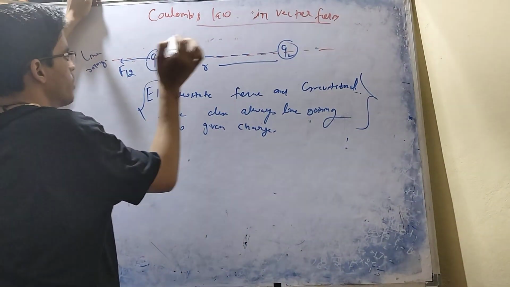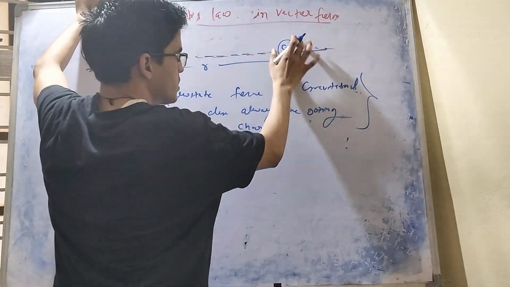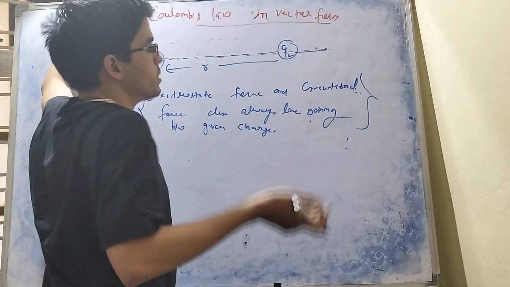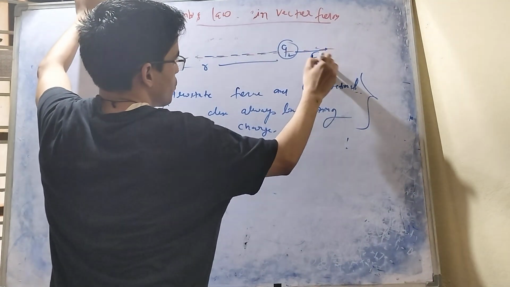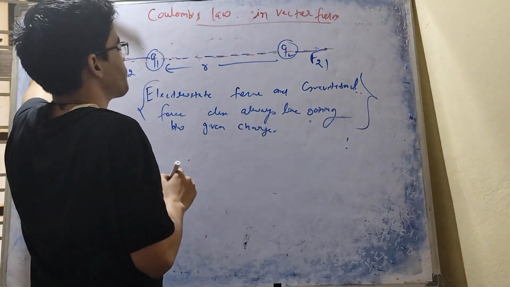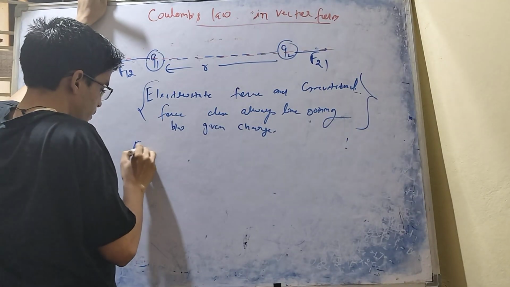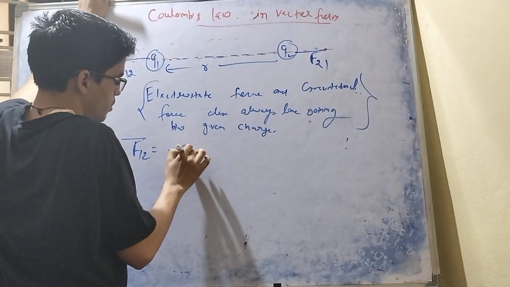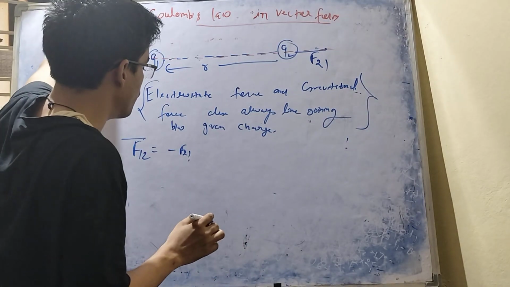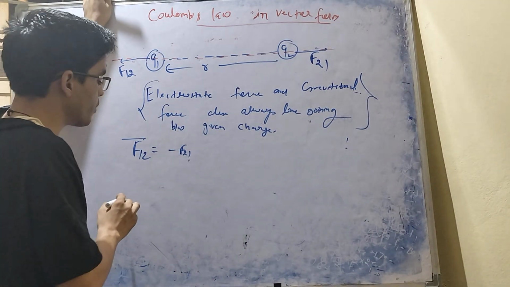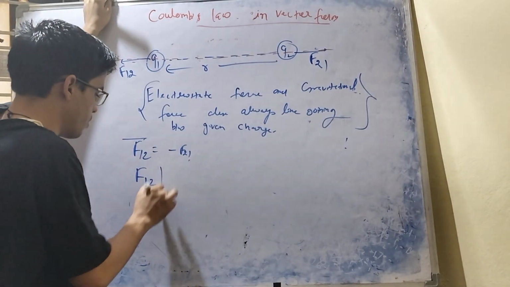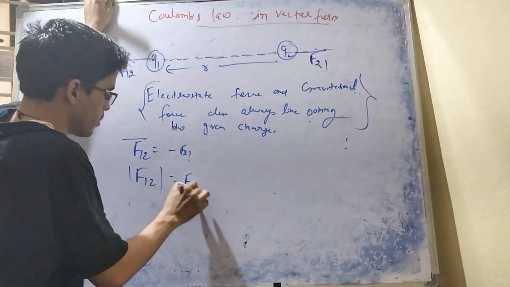This is called F12. And this will move right, due to repulsive force, correct? This will be F21, force on 2 due to 1. So one thing we can write here: F12 equals minus F21, because the magnitude of both forces is equal. So we can write |F12| equals |F21|, correct?